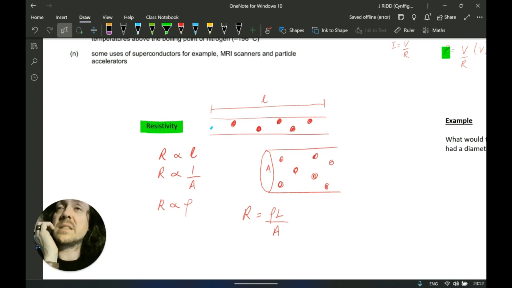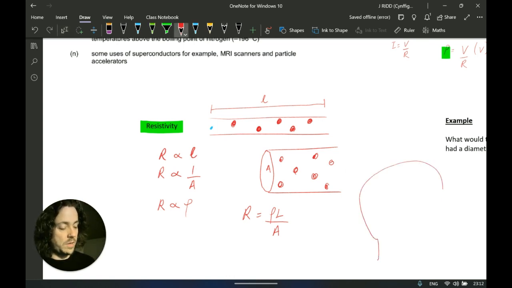A good example of this is, in fact, the filament in a light bulb again. The filament in a light bulb is actually made, or it was, they're not so common now, of tungsten. Now, tungsten has quite a high resistivity, which is appropriate because in the case of a light bulb, let me draw it, you had this kind of thing going on.